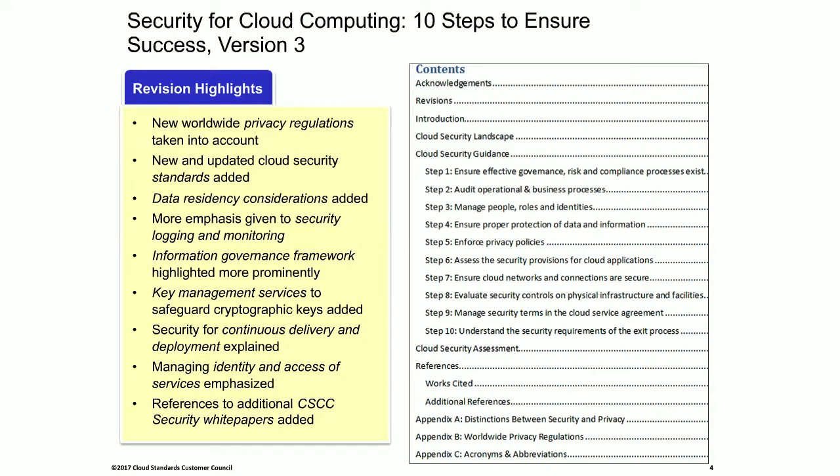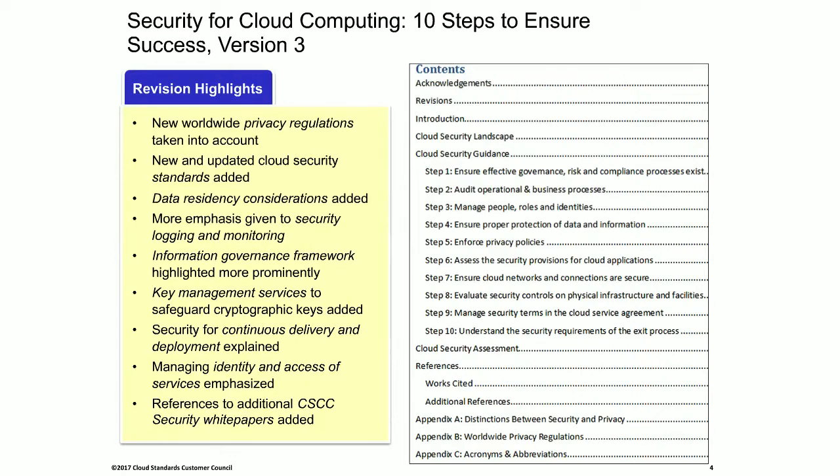Firstly, there is a whole series of new worldwide privacy regulations that we have to take into account. Those famous letters GDPR will be well known to anyone who has anything to do with Europe, and has to do with the new privacy regulation that's coming in there. But there are also other things we've had to take into account, like new cloud security standards that have come out since the version 2 release. We've had to look in more detail at data residency considerations, which are also changing in the requirements that various governments and regulators put into place.